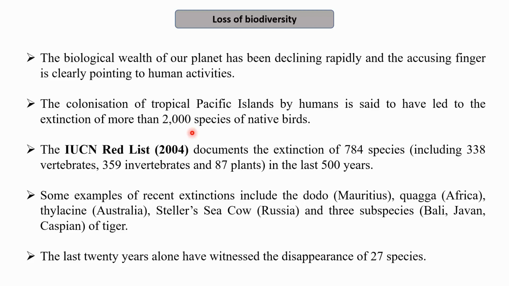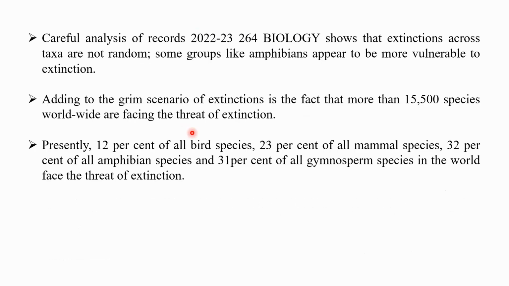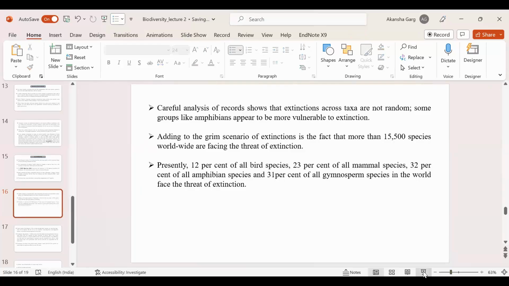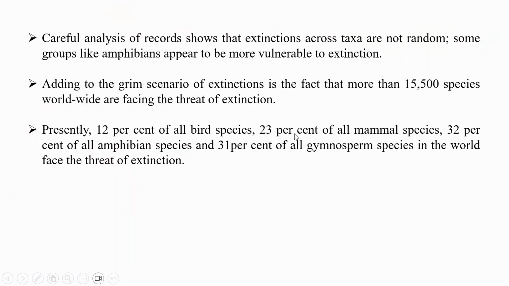So the last 20 years alone have witnessed the disappearance of 27 species, which is a very high figure. Careful analysis of records shows that extinction across the taxa is not random, and some groups like amphibians appear to be more vulnerable to extinction.